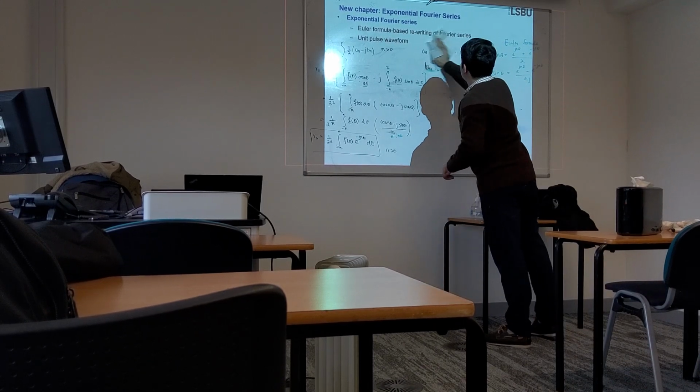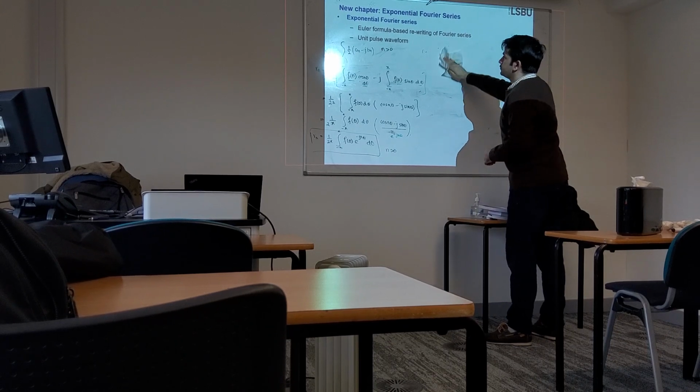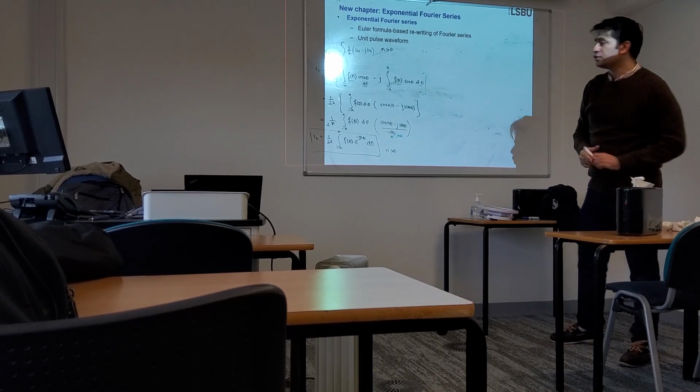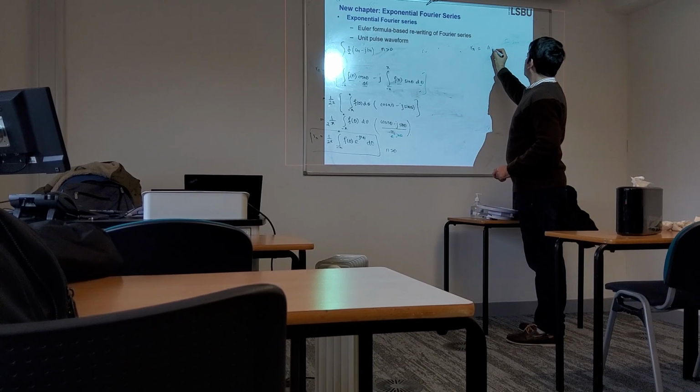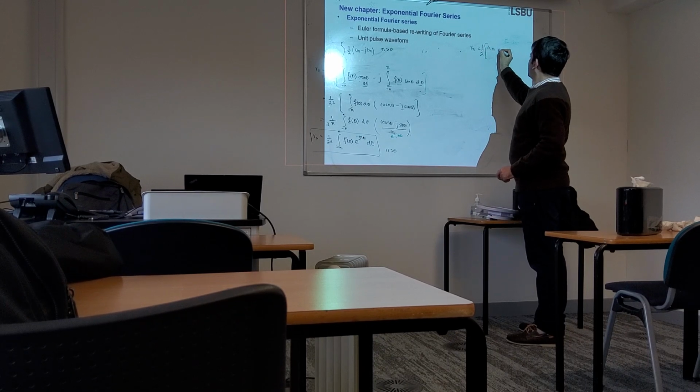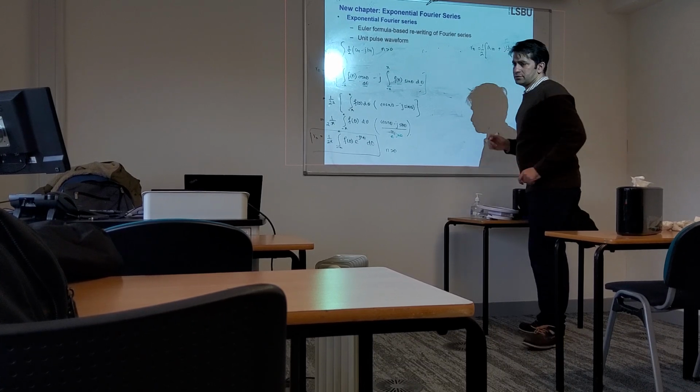Let's see. So you need to find Rn, which is 1 by 2 of a minus n minus j b minus n. I guess here it's plus.